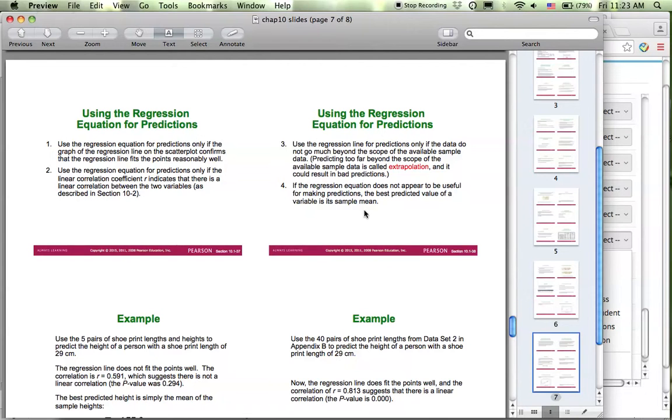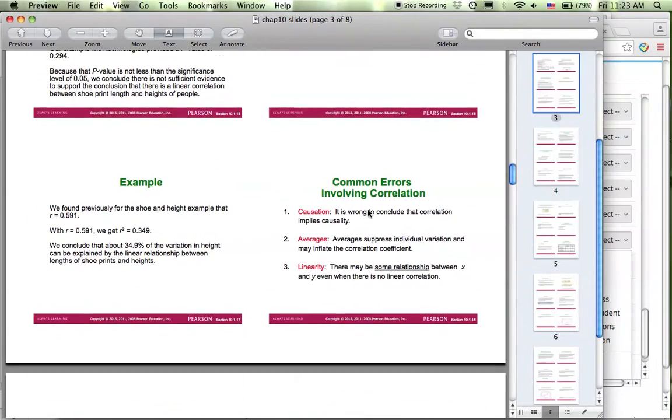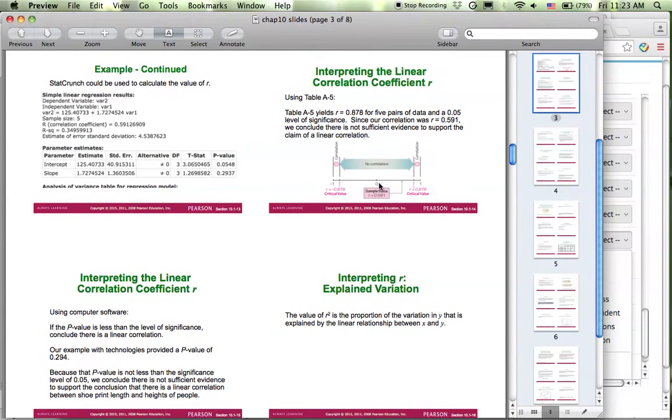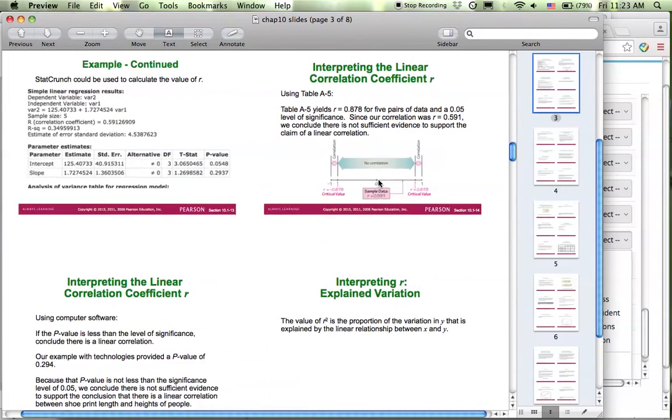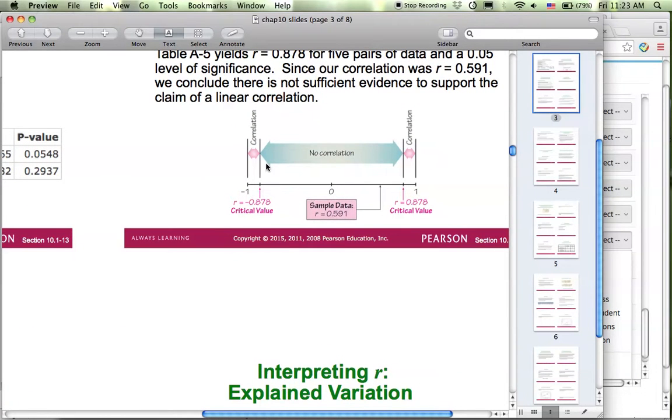Okay? So let's go to the first step, that is to check whether your x and y are linearly correlated. So you are going to check the table and draw some plot like this.